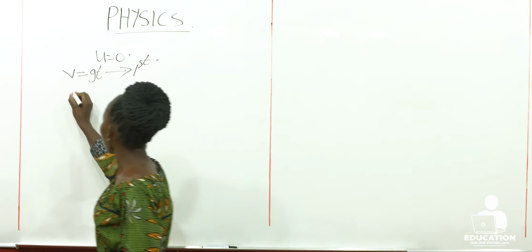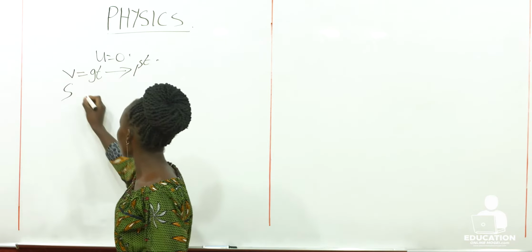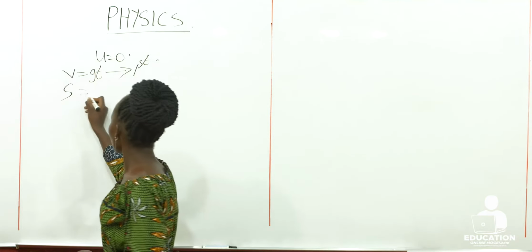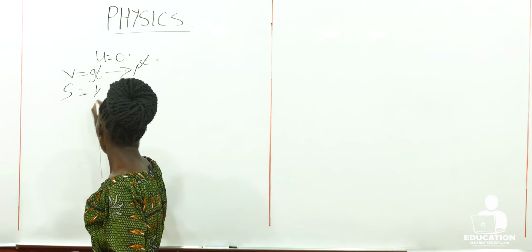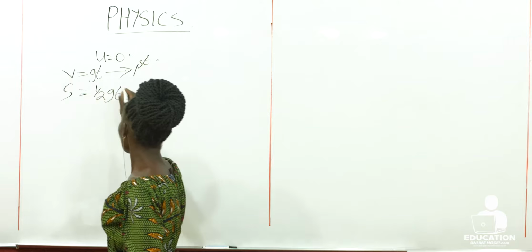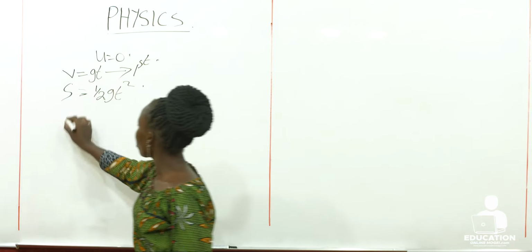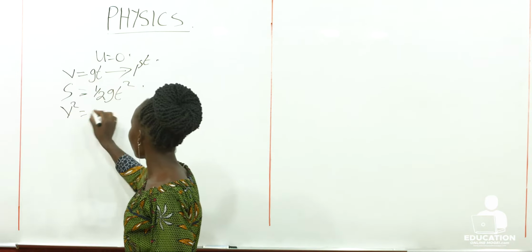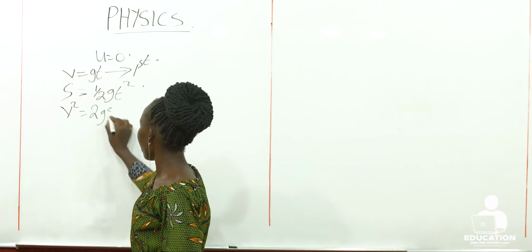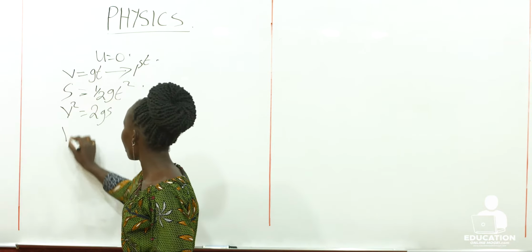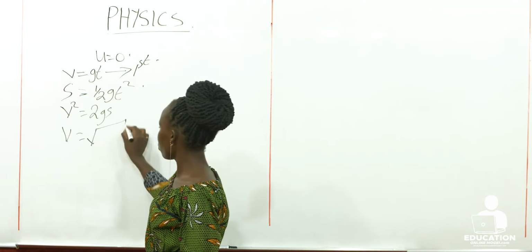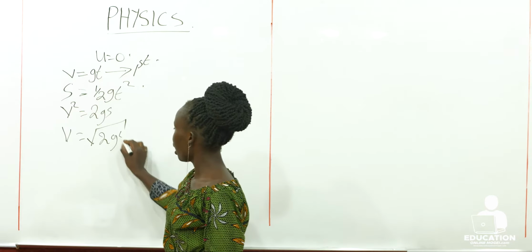Then we saw that our s, the distance, was equal to half g t squared. Then we looked at the velocity, which will give us 2gs, but if you get the root, we shall have v equal to the root of 2gs.